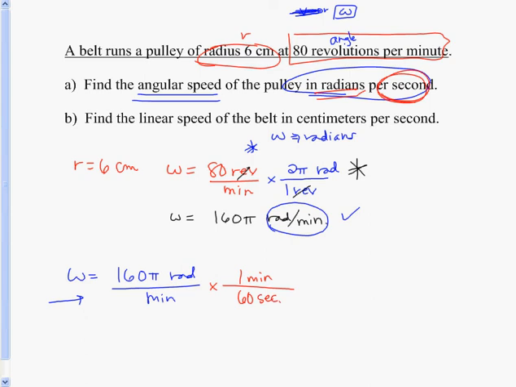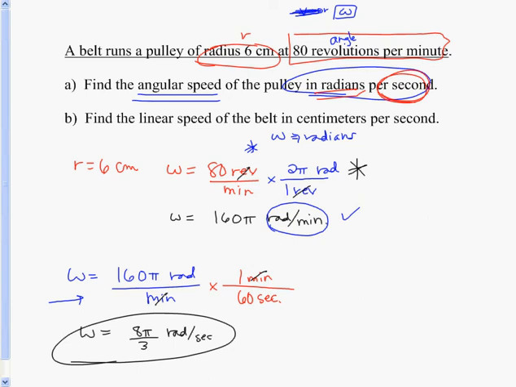I put the minutes on top so that they would cancel. Which means now, if I reduce that, that would be 8 pi over 3 radians per second. That would be my angular speed in radians per second, just like they asked for. Okay.